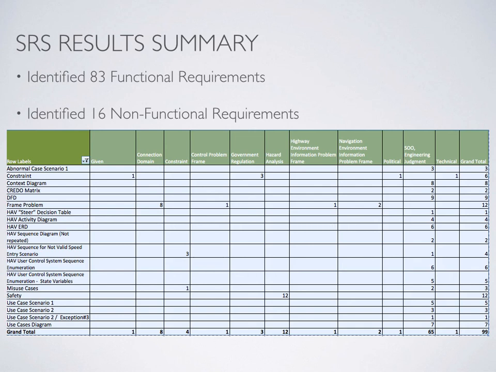Okay, and this table here shows the source of the requirements in terms of the model or technique used, and on the top row header, I can see where that requirement came from, for example, whether it is a hazard analysis or whether it came from government regulation.